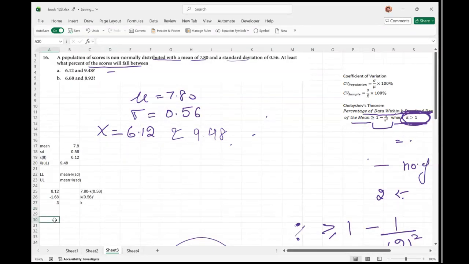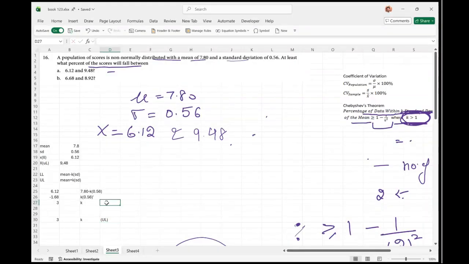Now the other side, I'll just do it directly here. You can use this method also. The other limit is 9.14, hmm, 9.48 minus 7.80, divided by 0.56. That's going to give you the k value for the upper limit. Let me put a small k, upper limit, but mention everything, guys.